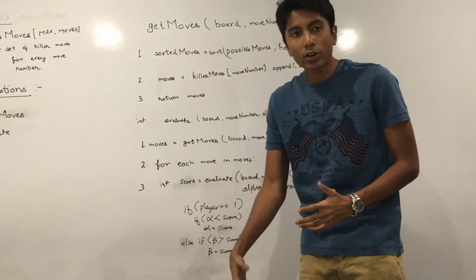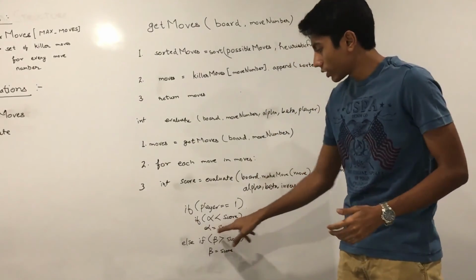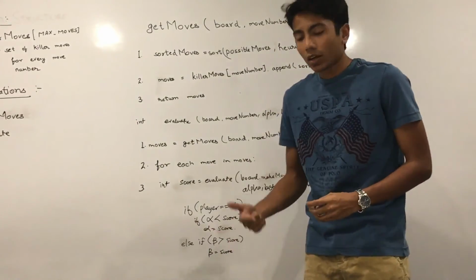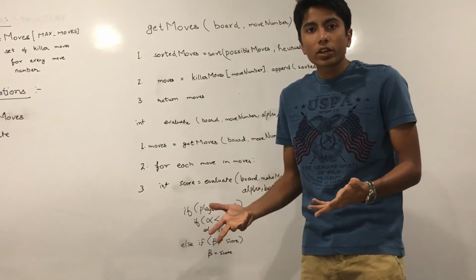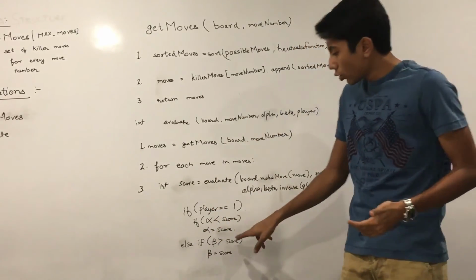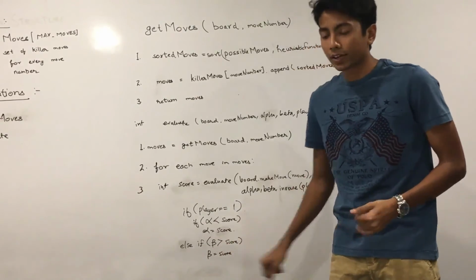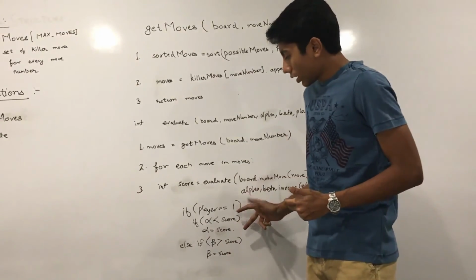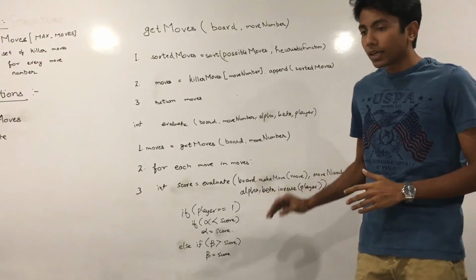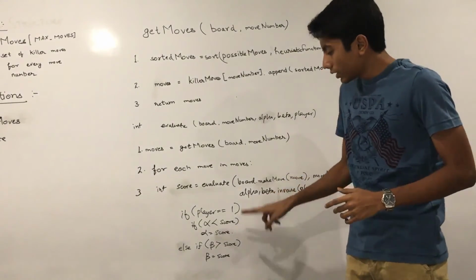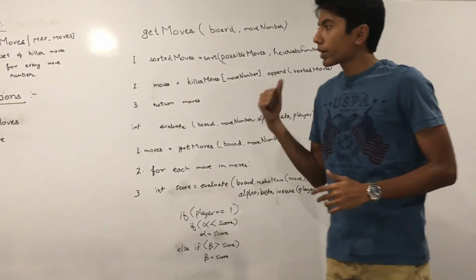So the minimum that you're willing to take will be even more, which you're going to set here. Similarly, the maximum you're willing to give should go on reducing if the score is less than beta. The beta will be updated here. This is exactly as per alpha beta. Just there'll be 2 possible scenarios added for killer moves. Let's look at that.